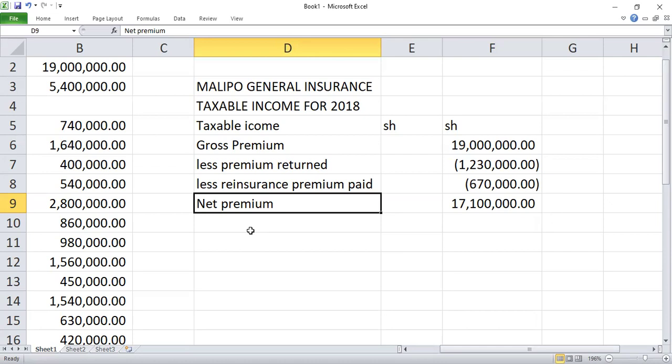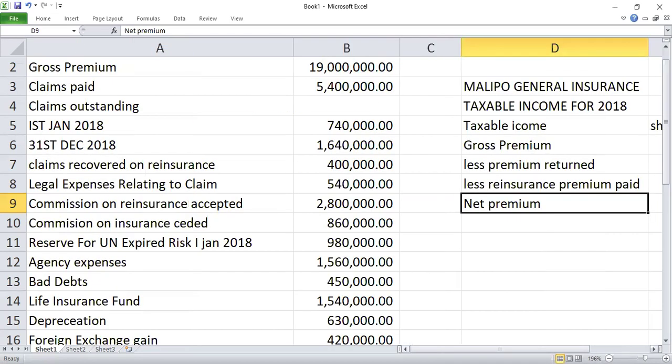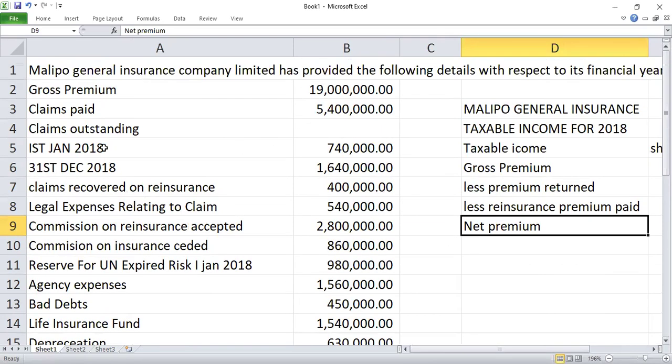Now we need to look for other income so that we get our total income. We less the allowable expenses. We continue. We look for any other income that we have in the question. So we have claims and expenses, claims recovered from the insurance.